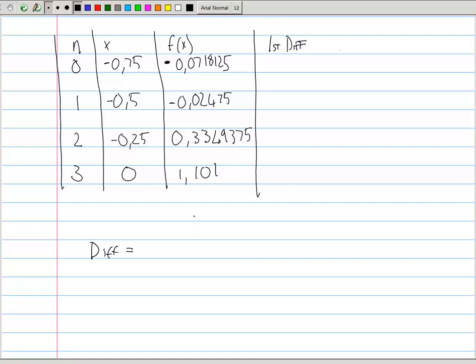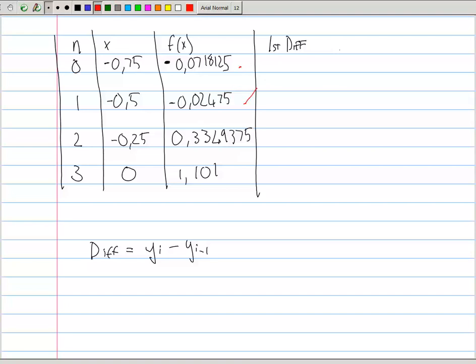Where before we were going y2 minus y1 divided by x2 minus x1, or considering the i's, with this I'm going to be going just y_i minus y_(i-1). There's no divided by x, we're just working with the difference. So our first difference is going to be this term here minus this term there.